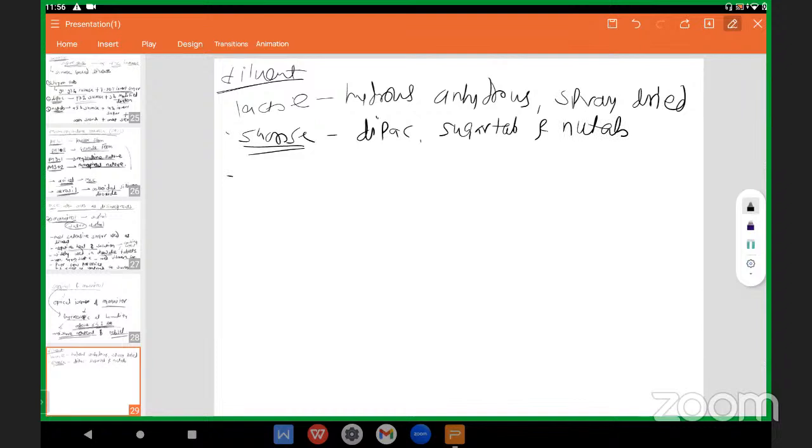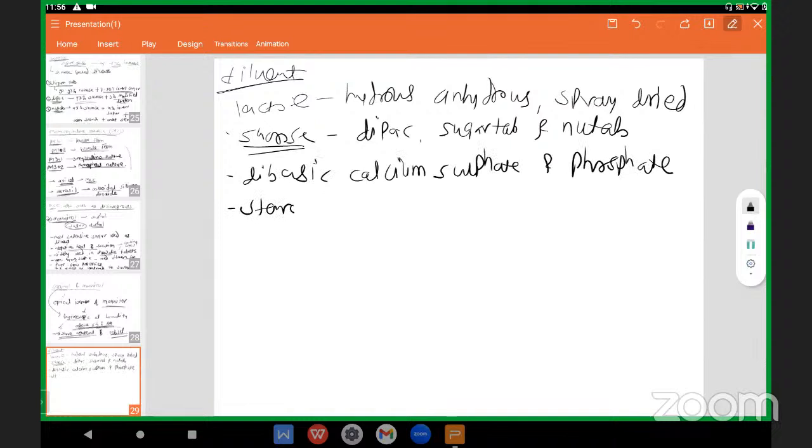Then for direct compressible, for drugs that are hygroscopic, which excipients are we looking at? Dibasic calcium sulfate and phosphate. Then we have seen the starches. In that, cornstarch, Starx 1500, and hydrolyzable starches we have seen.